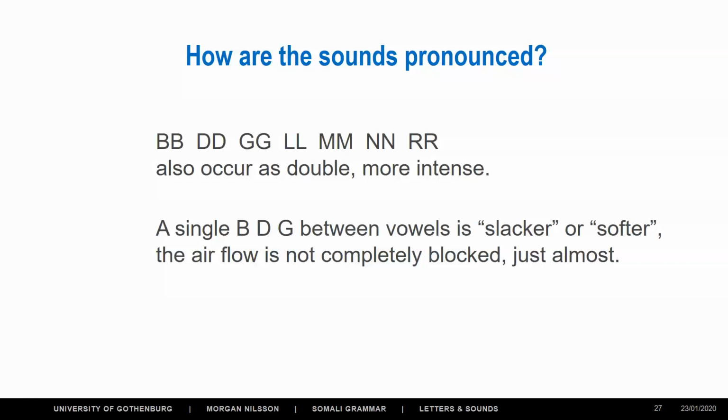It's just almost stopped. So if we look at the letter B, when you pronounce an intense B, spelled with double B in Somali between vowels, you put the lips together and you really block the passage of the air completely for a very short instant. But when you pronounce a single letter B between 2 vowels, the lips barely touch each other, so you don't really stop the airflow completely.